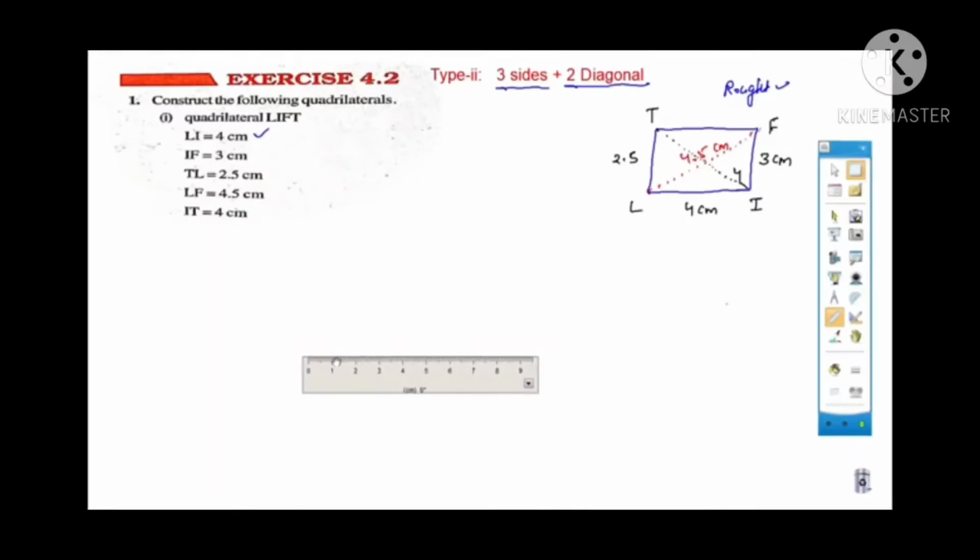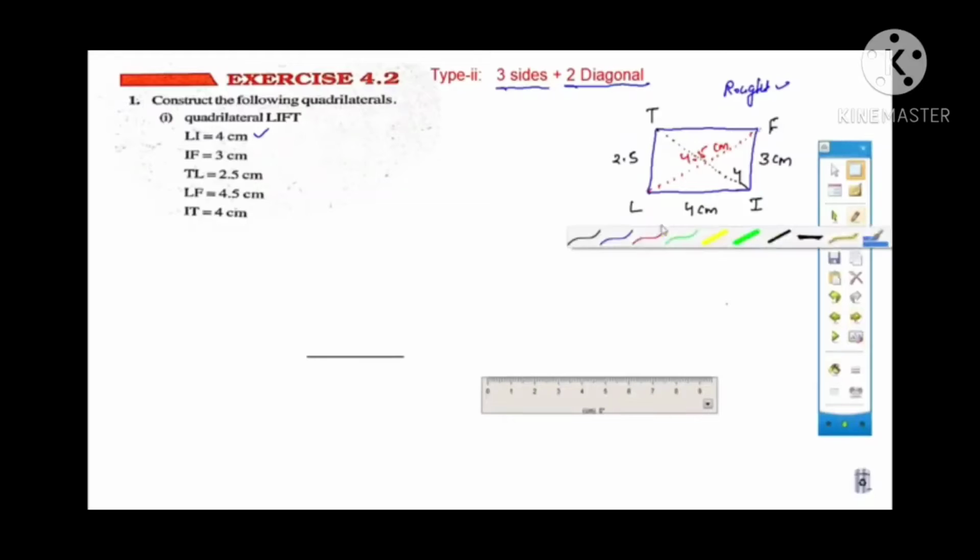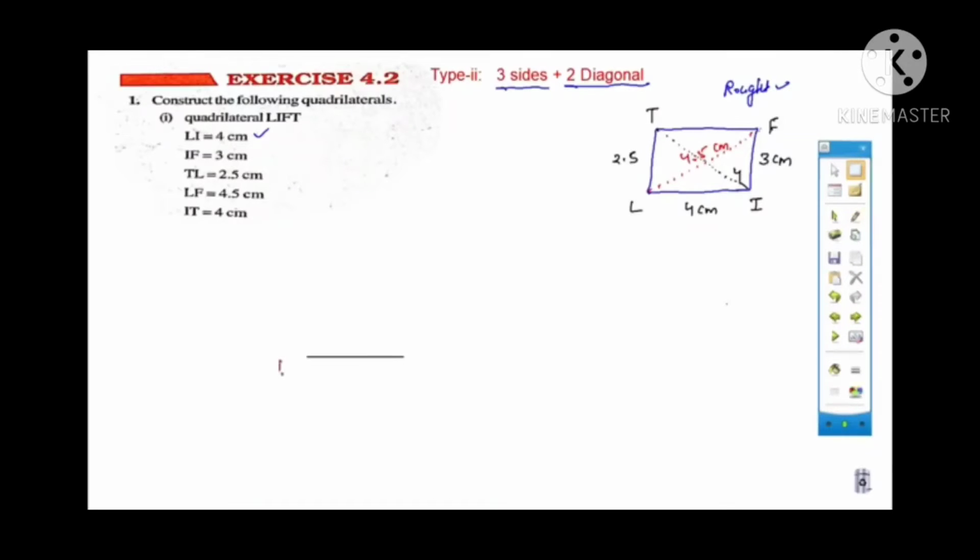First we shall take the base, that is LI, 4 cm. Take a ruler and mark 4 cm and draw a line there. Next, mark the two points L and I, which are 4 cm apart. Now we have to draw LF, that is a diagonal.